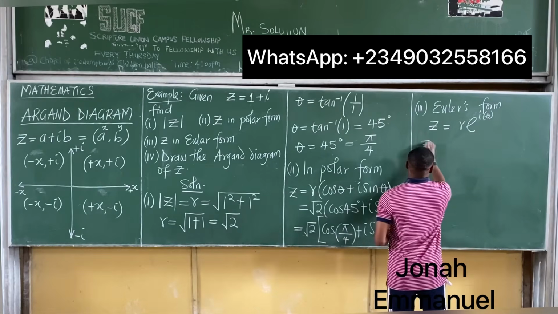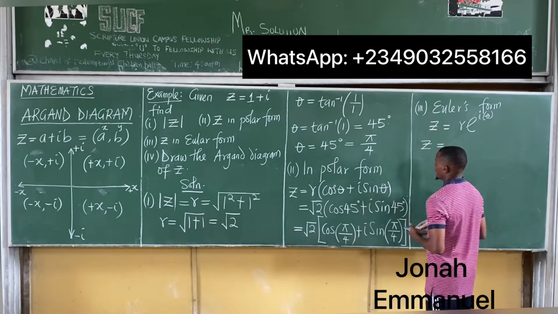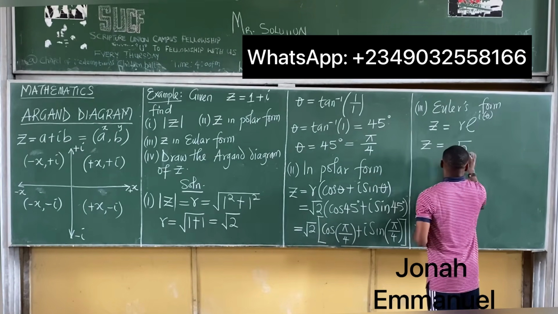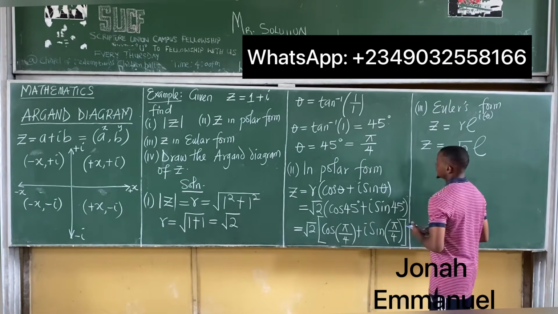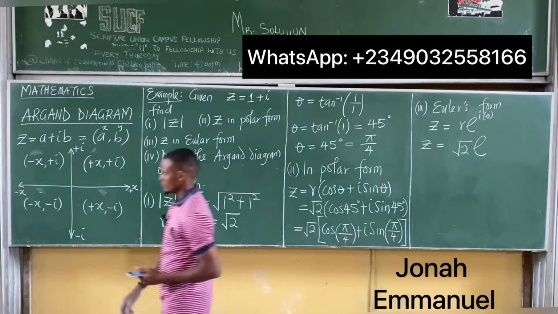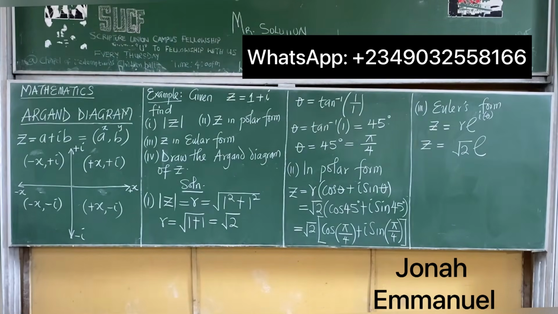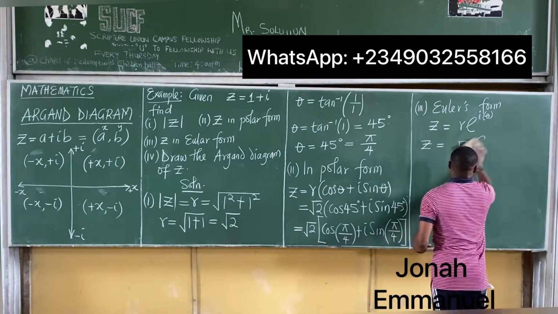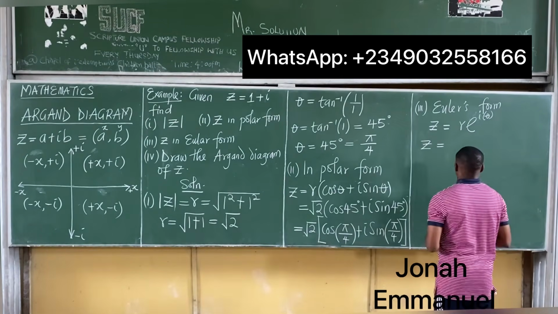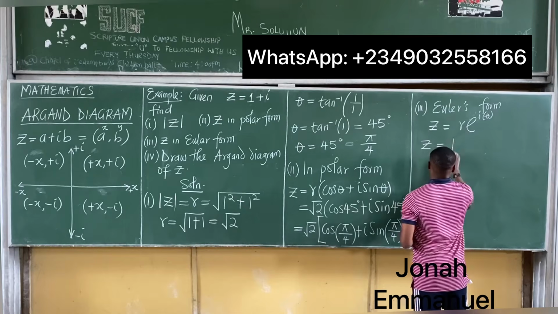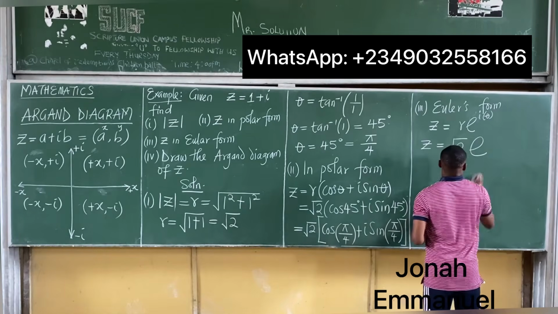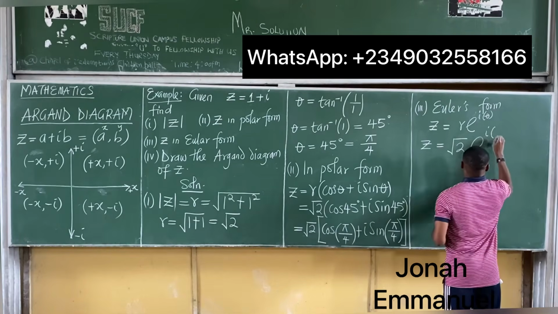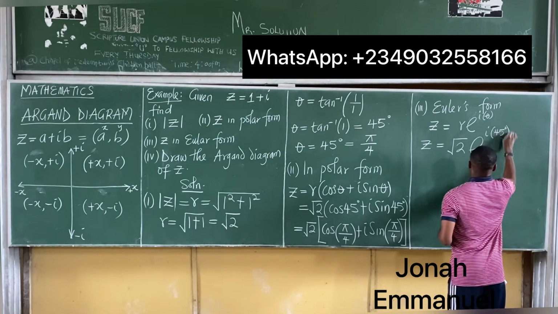So hence, in Euler's form, z is equal to r, that is root 2, exponential i times theta, which is 45 degrees.